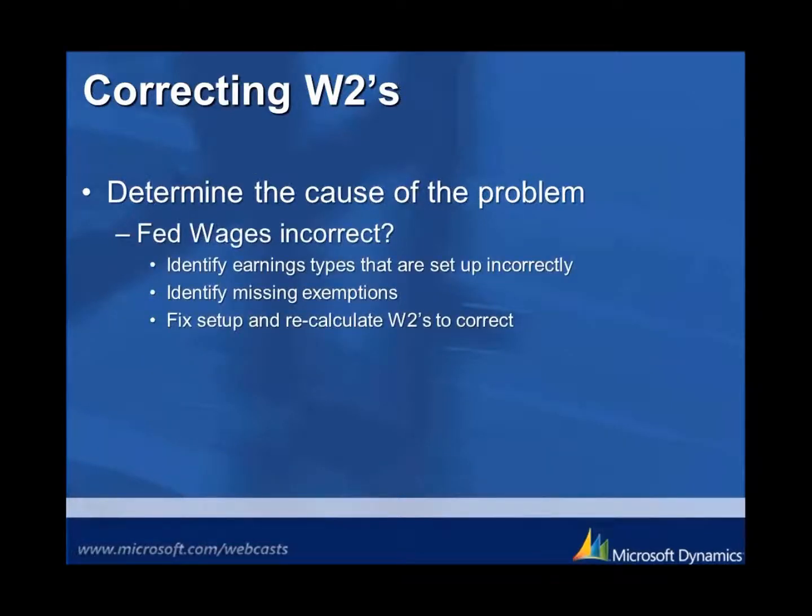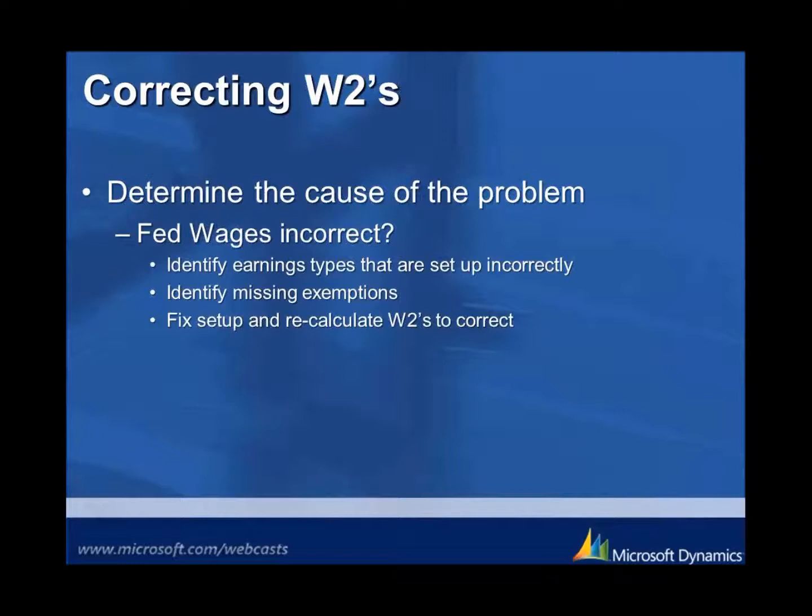Again, Fed wages incorrect. That's one of the things that I run into every year end. The first thing that we need to do is identify, are there any earnings types that are set up incorrectly? Are there earnings types that have certain taxes or don't have certain taxes associated with them? Are there any exemptions that are missing or not included?